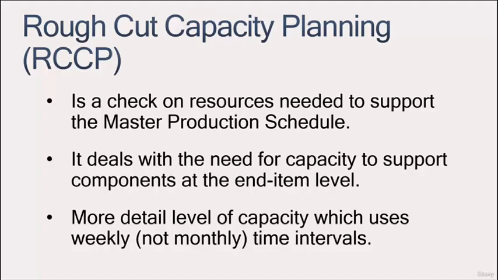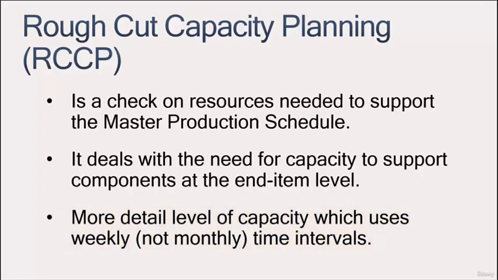The validation process and calculations for RCCP capacity planning are similar to resource requirements planning, except with RCCP capacity planning, you're using weekly, not monthly time intervals, so in that respect, it's a more detailed level of capacity review.